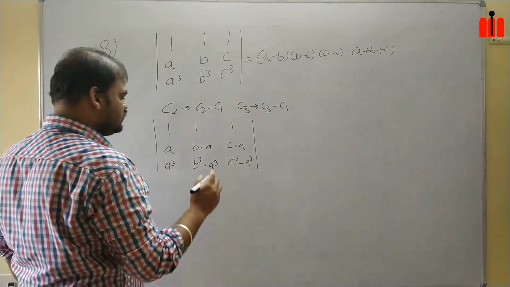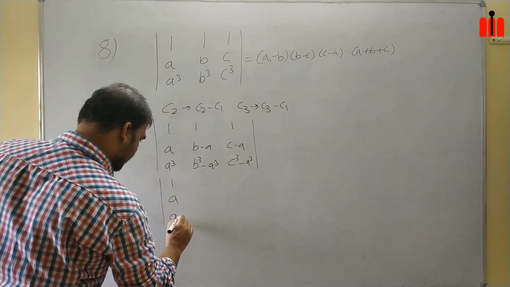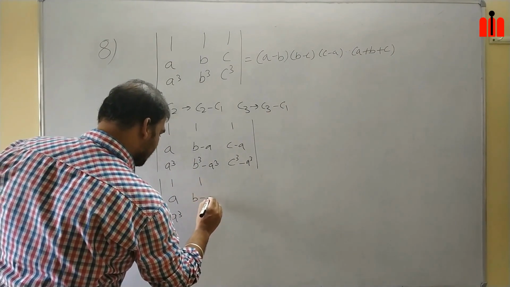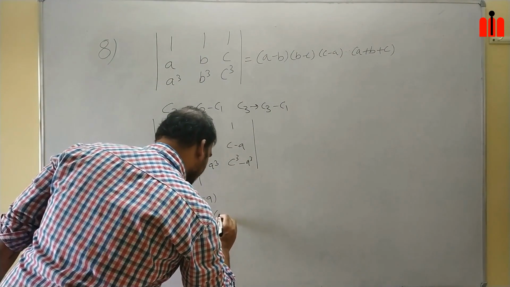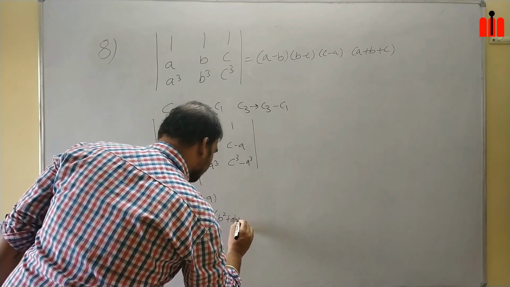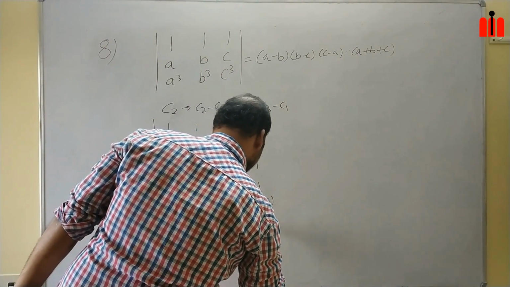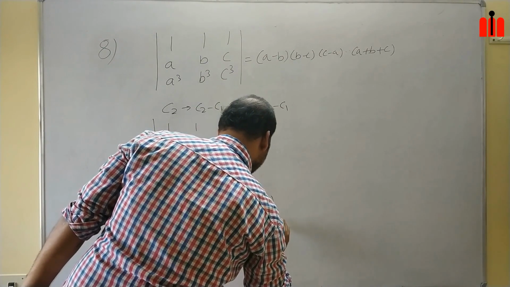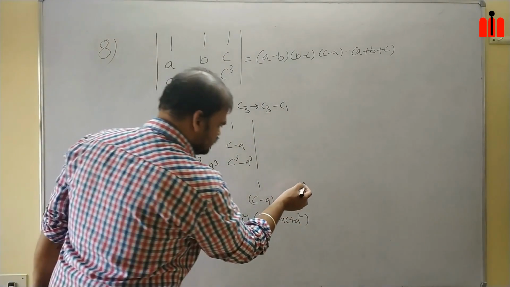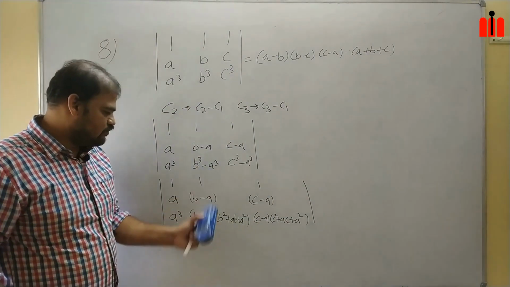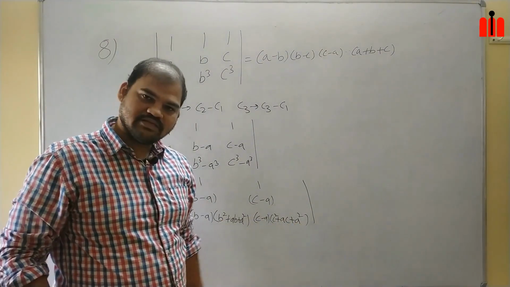Now I will expand b cube minus a cube, so it will become: 1, a, a cube; 1, b minus a, here b cube minus a cube is b minus a times b square plus ab plus a square; and 1, c minus a, c cube minus a cube will be c minus a times c square plus ac plus a square. So b cube minus a cube I have written as b minus a, b square plus ab plus a square, and c minus a, c square plus ac plus a square.